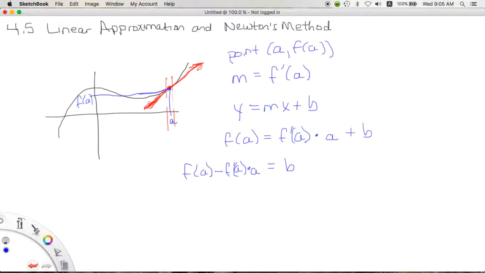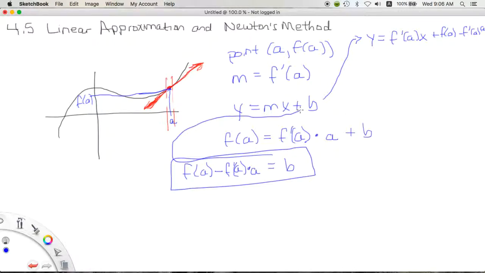Plugging this into our equation, we have y equals f prime at a times x plus f at a minus f prime at a times a. So we took our b and plugged it in, and took our m and plugged it in. Now we can simplify, and we have y equals f prime at a times x minus a plus f at a. And this is our linear approximation.